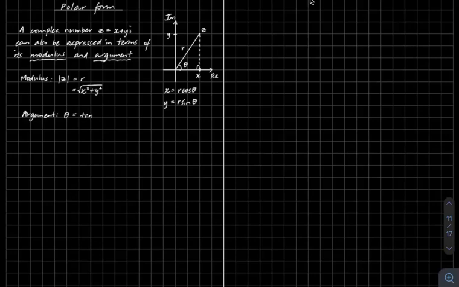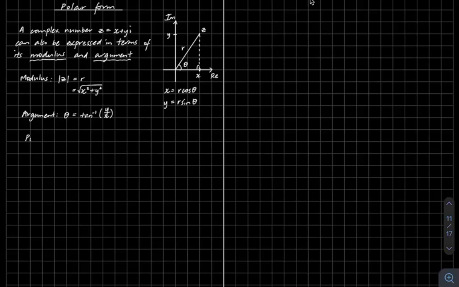So theta, we could think of it as the inverse tan of y over x. That's a slightly rudimentary result, because we do need to think about the fact that theta could be in a different quadrant, so there are two possibilities for tan being positive and two possibilities for tan being negative, and we'd need to make sure that we get the right one. Just like with vectors, we need to be a little bit careful with that.